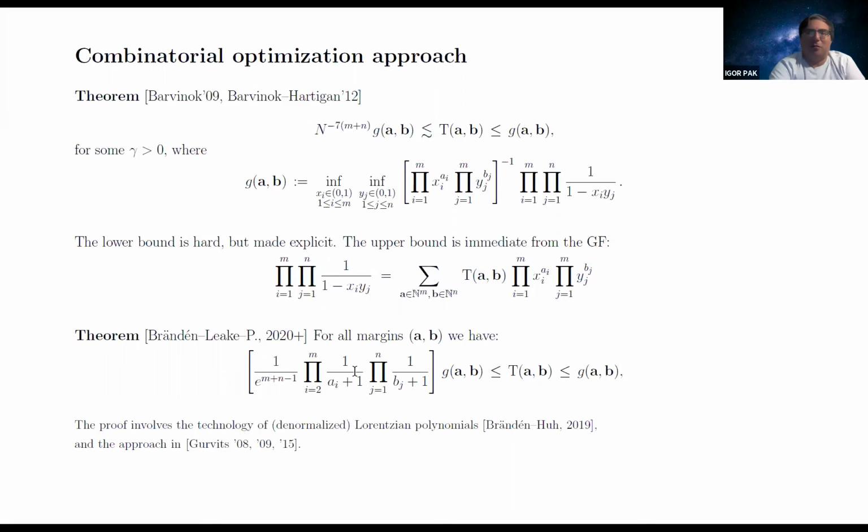We actually prove it is a better bound, and notice that we don't mess around with the upper bound. We only improve on the lower bound. Because at heart, we're using something not exactly what Barvinok does. We use a somewhat more recent technology, with ideas due to Gurvits, the technology of denormalized Lorentzian polynomials, to just improve on the lower bounds.